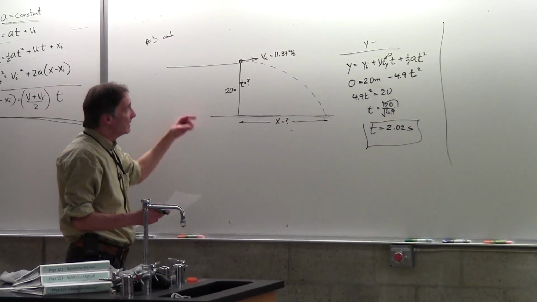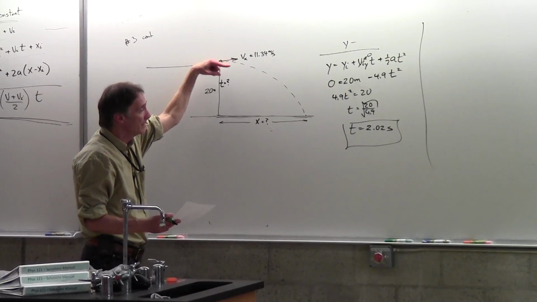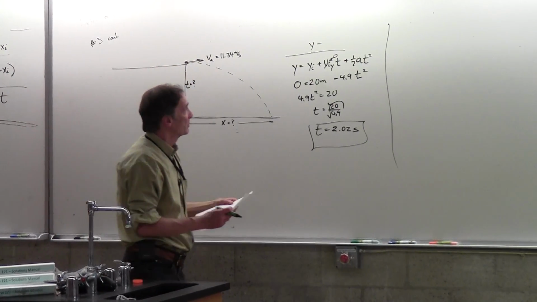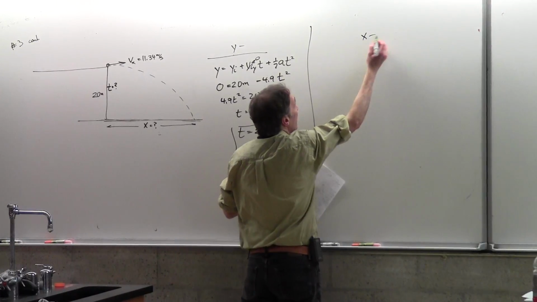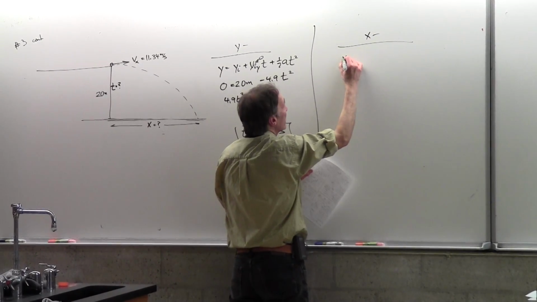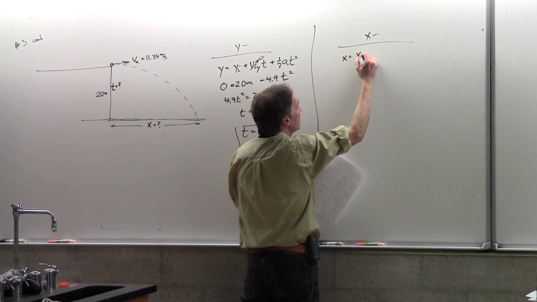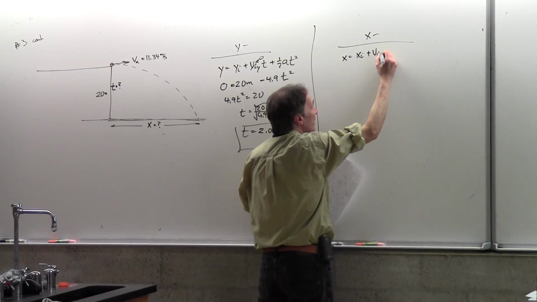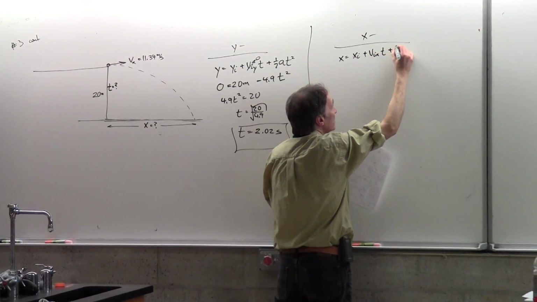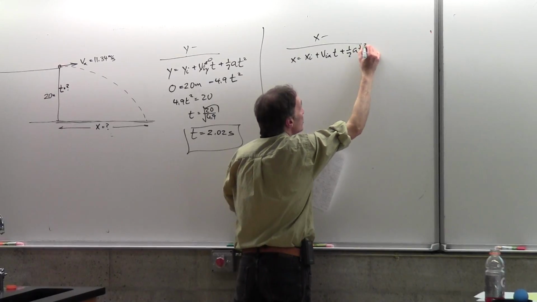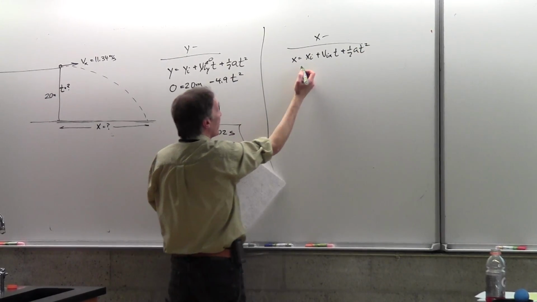Now during that time, it's going with a constant speed in the x direction. So in the x direction, x is equal to x initial plus the initial velocity in the x times time plus 1/2 a t squared. The x is what I want to find.